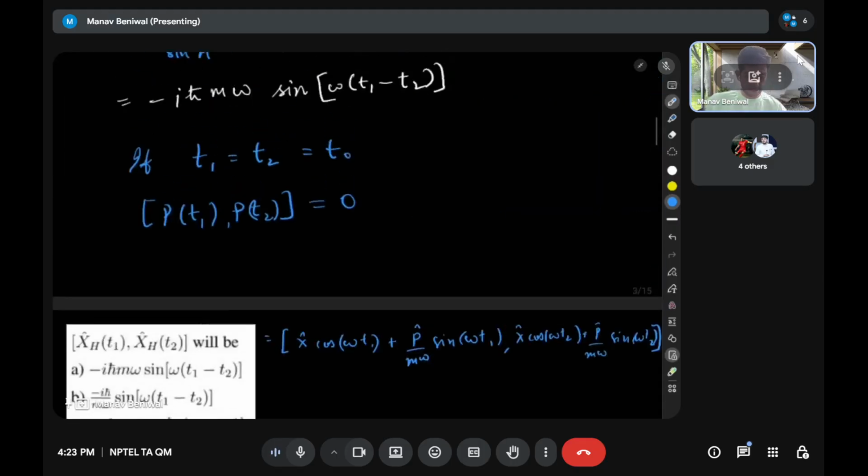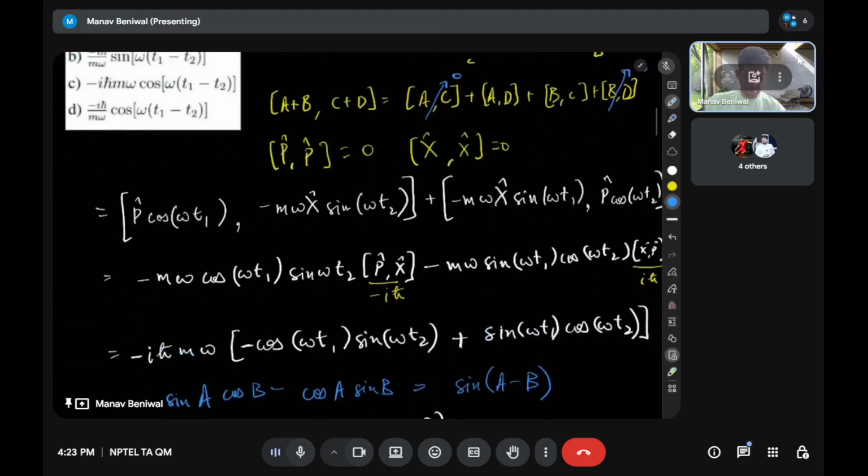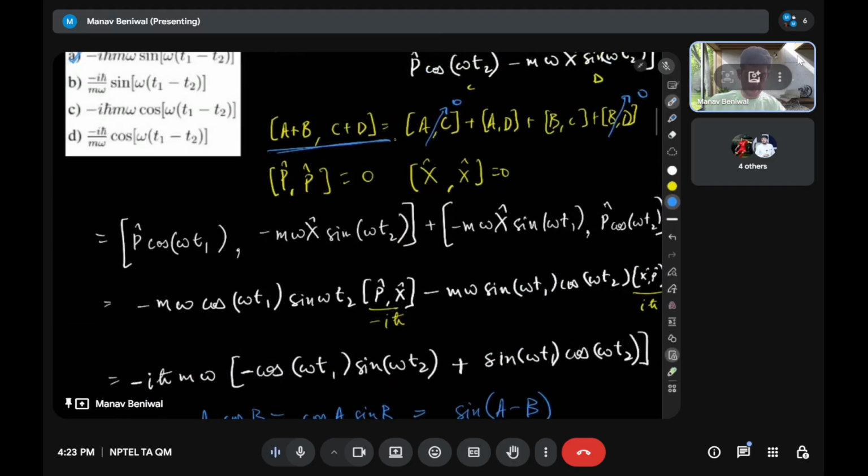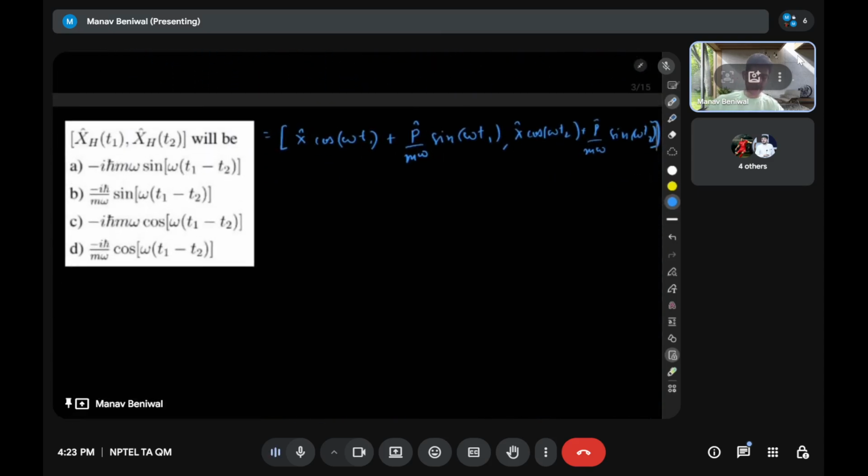Again, we know that this is of the same form, a plus b comma c plus d. The commutator corresponding to the terms a and c will give us 0, because there we will have x comma x. Similarly, for the two p terms, we will have p comma p, so this will also equal 0.